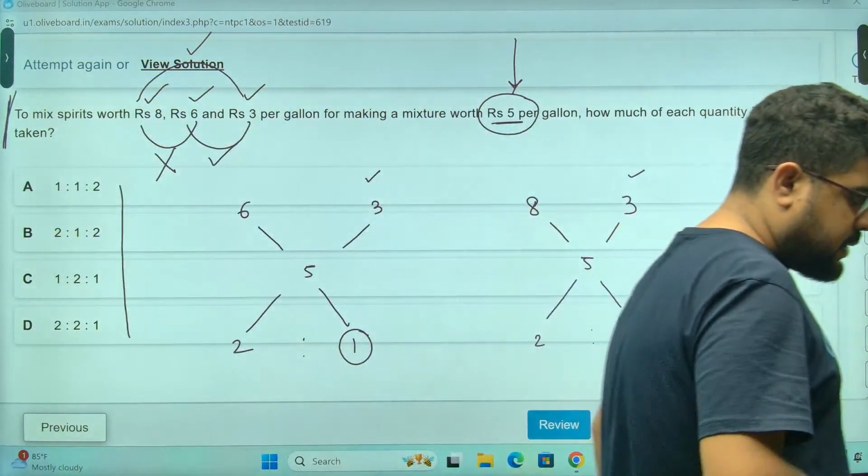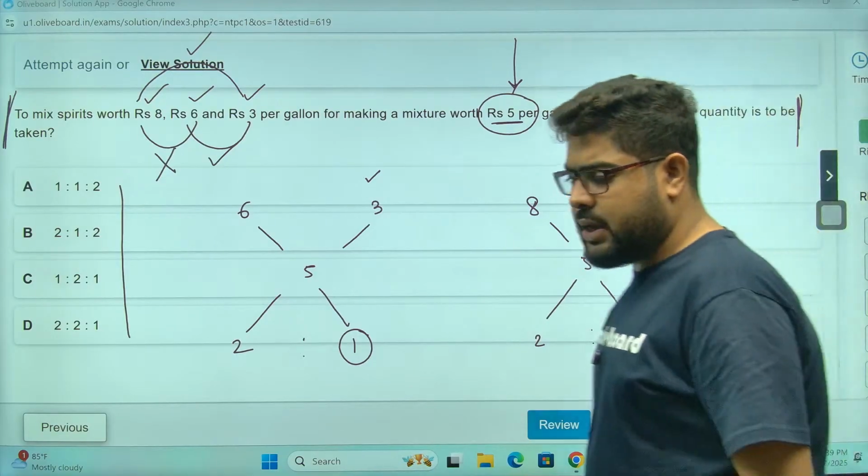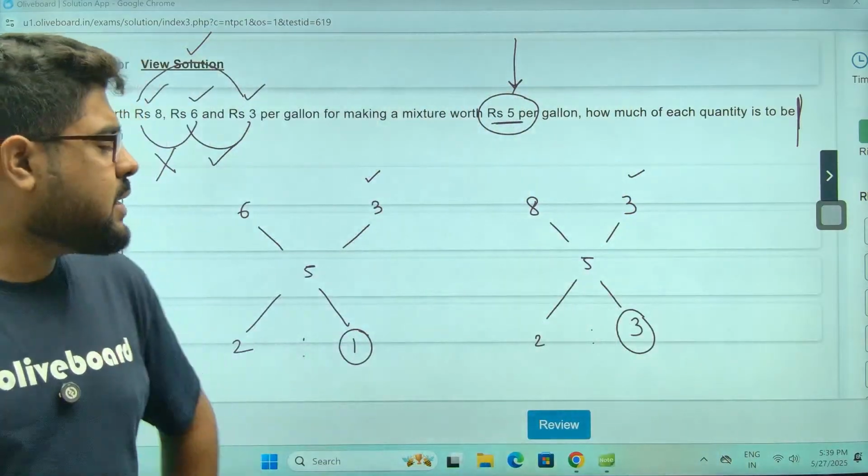There is something that is not right. One second sir, let me take a look. 8, 6, 3. 8, 6 and 3. If this is going like this, 6 and 3 here. I've not made any mistake, right? We have not done any mistakes.